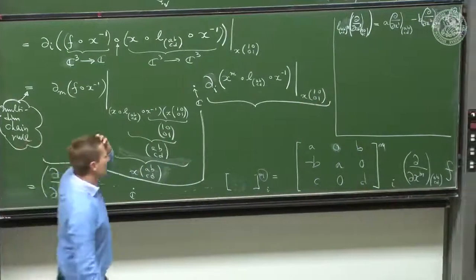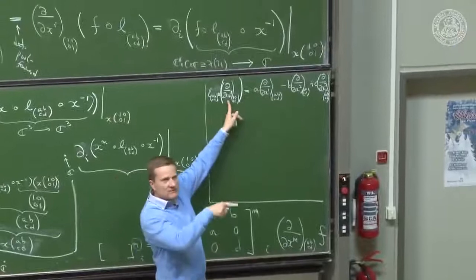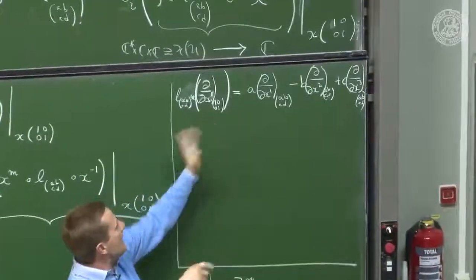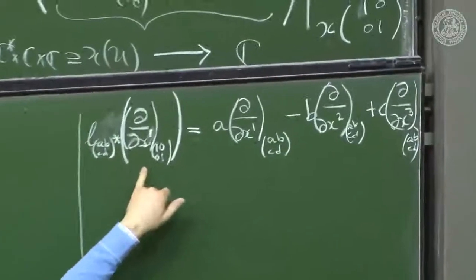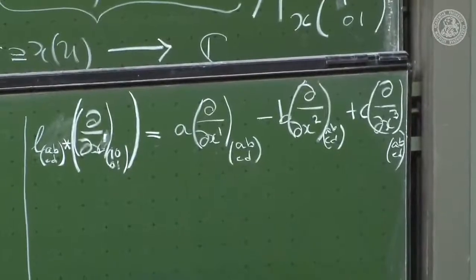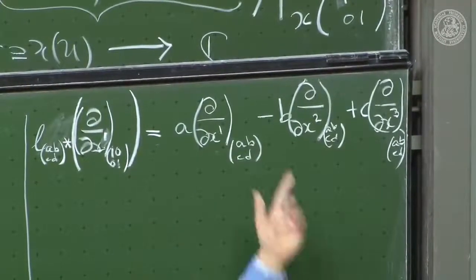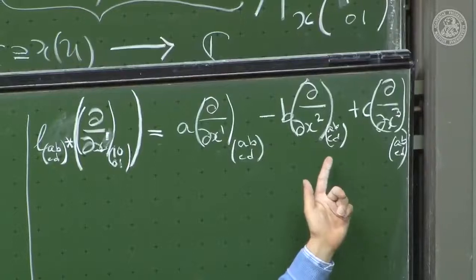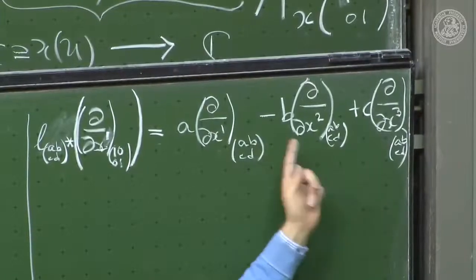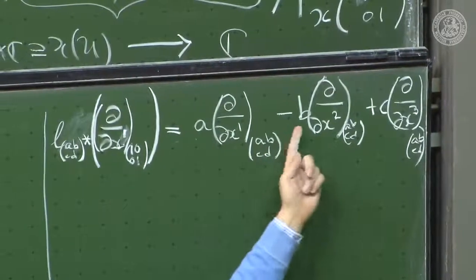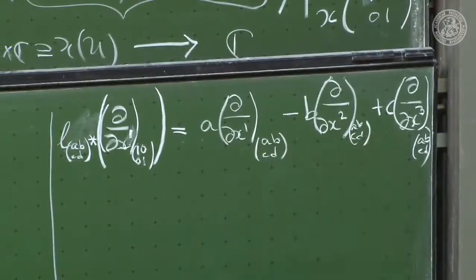Right? This is the tangent vector in the one direction at the identity. I push it forward to the point a, b, c, d. There it becomes a linear combination of the natural, coordinate-induced basis at the point a, b, c, d with the coefficients components a, minus b, plus c.